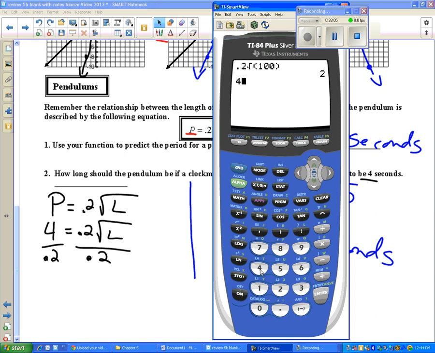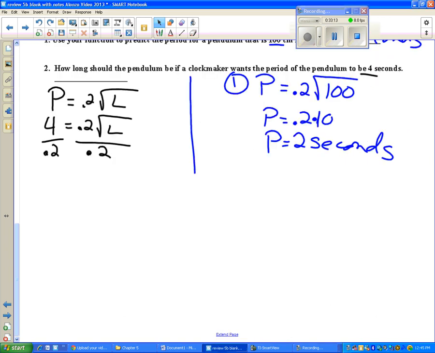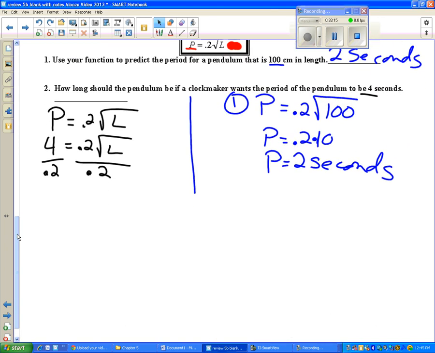So 4 divided by 2/10, or 0.2, is 20. So 20 is equal to the square root of L.